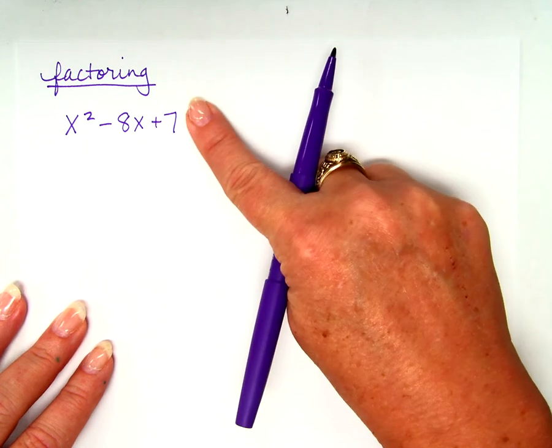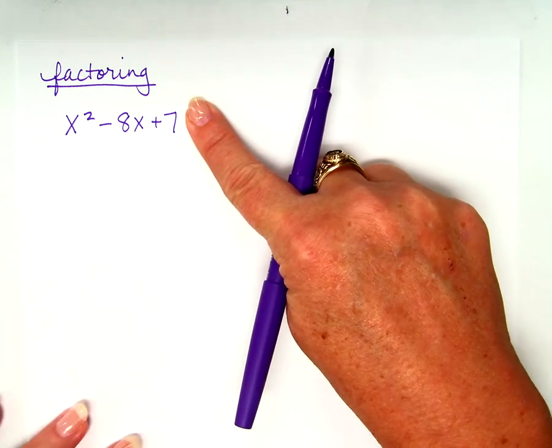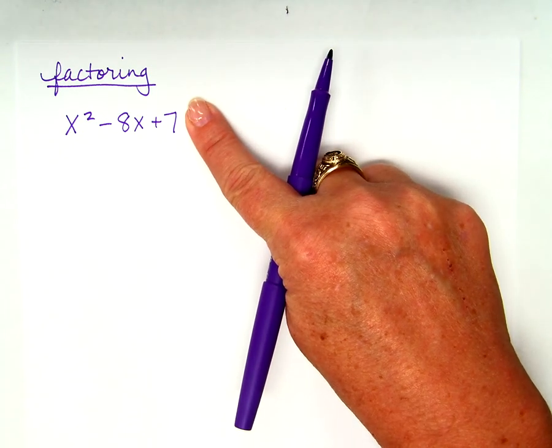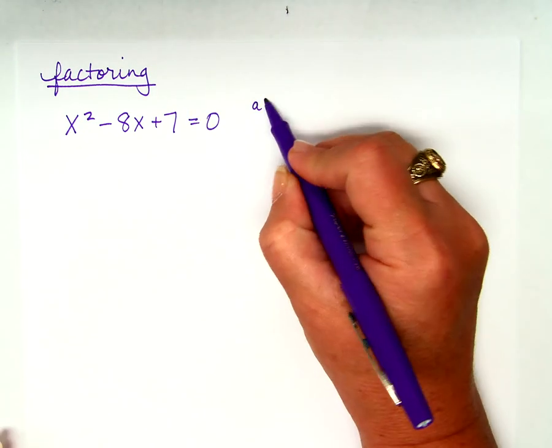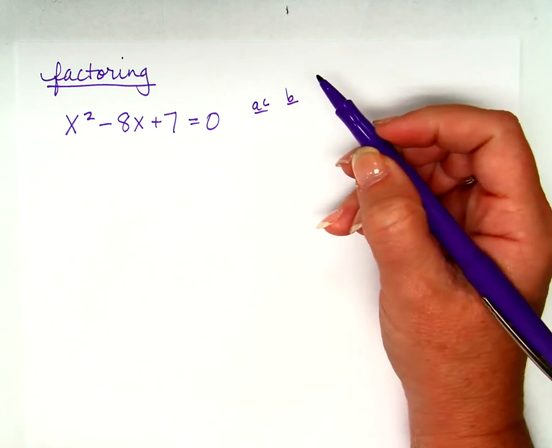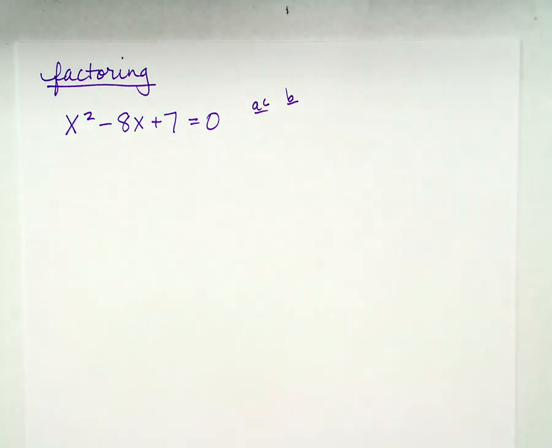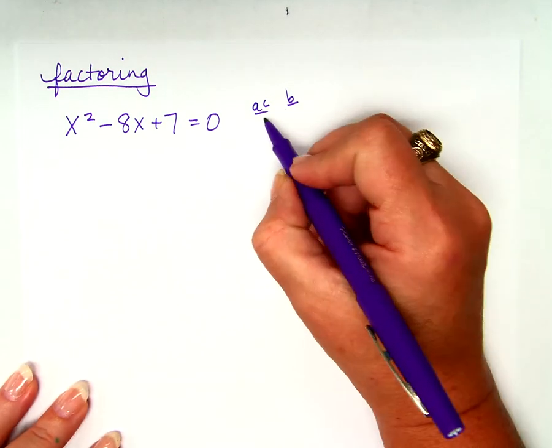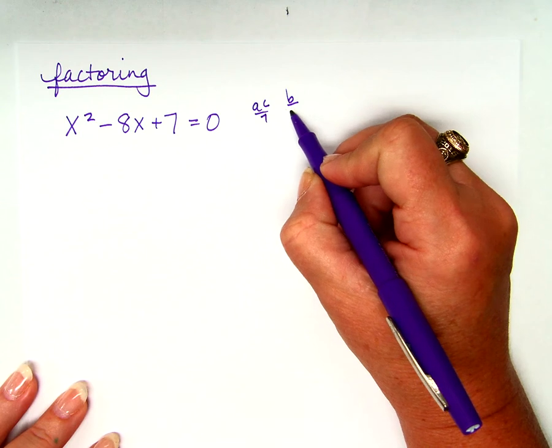So what would you do if it was here? If it was just this, what would you do? AC and B, right? What is AC in this problem? 7, and what's B? -8.